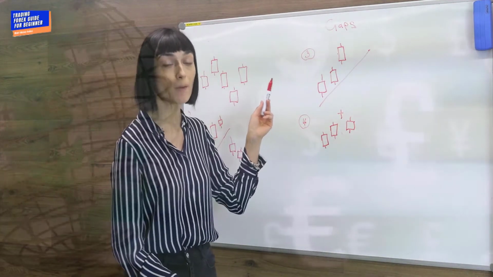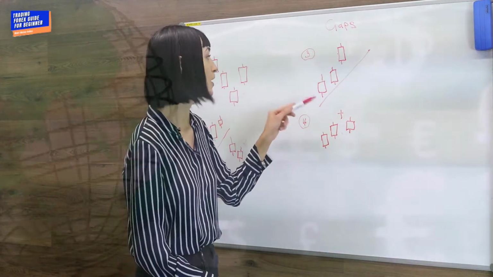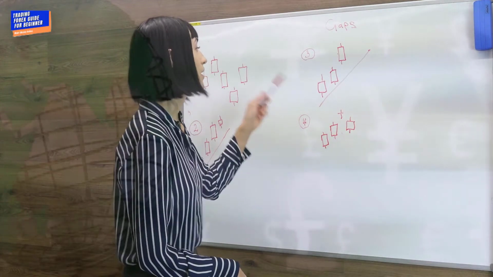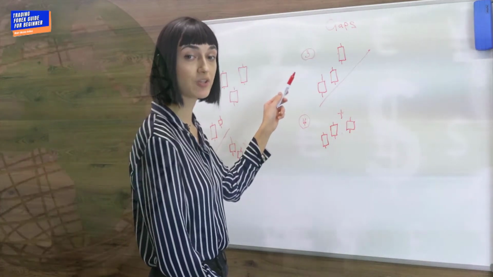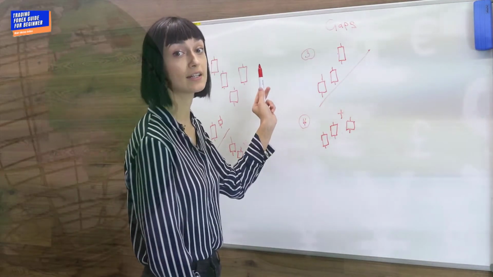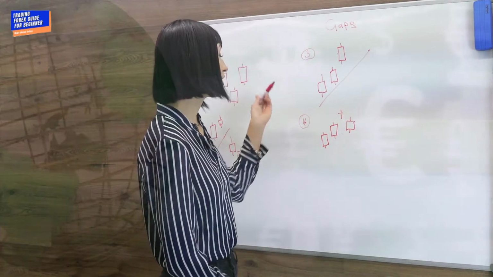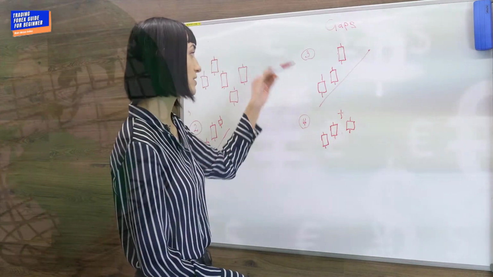The third type of gap is a continuation gap. You may probably see this type of gap on the chart of S&P 500, Nasdaq and tech stocks. What is so interesting about this gap?